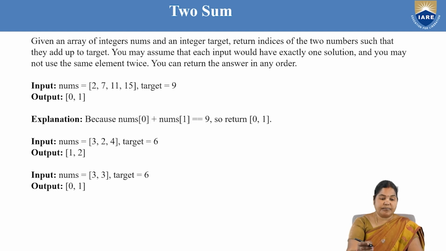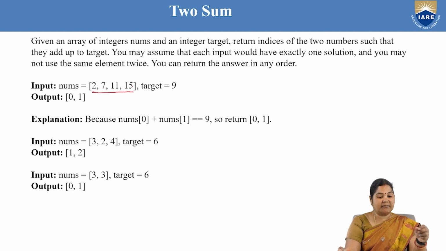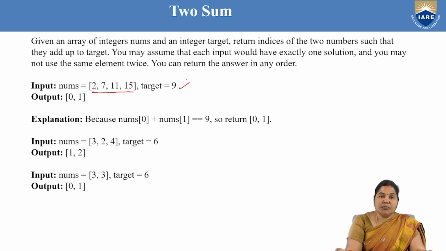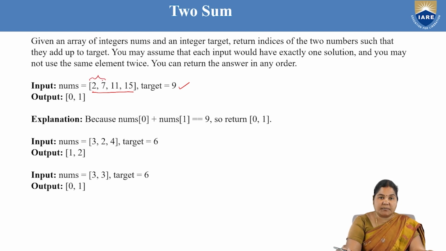So here we have been given one nums array containing some integers 2, 7, 11 and 15 and one target value. You have to take exactly two elements at a time and add them up so that you get your target. Suppose I take the first two elements 2 and 7, 2 plus 7 becomes 9. So we got our target.